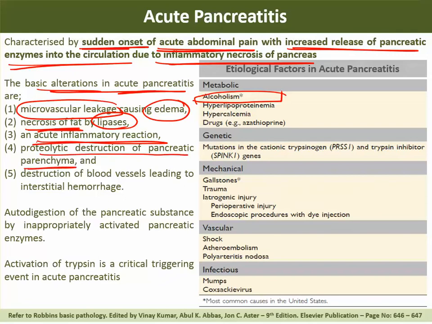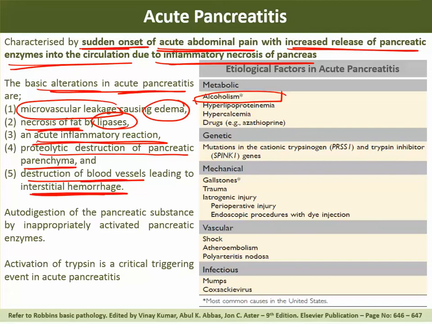Pancreatic exocrine cells will die, and destruction of blood vessels leads to interstitial hemorrhage. This all happens because of the enzymes. The pancreatic enzymes are so powerful that they destroy their own tissue.